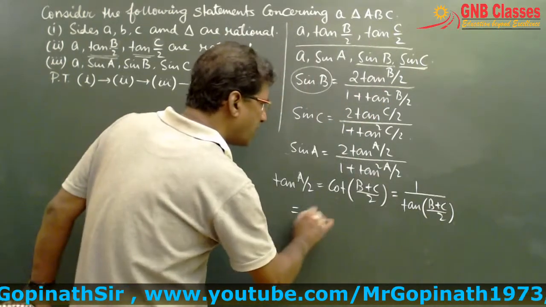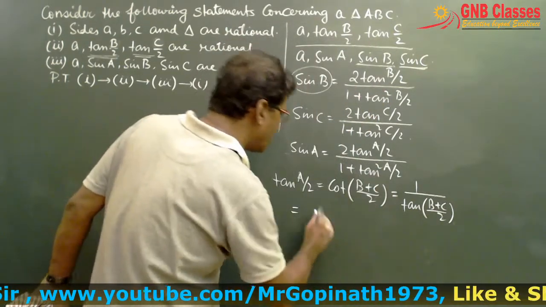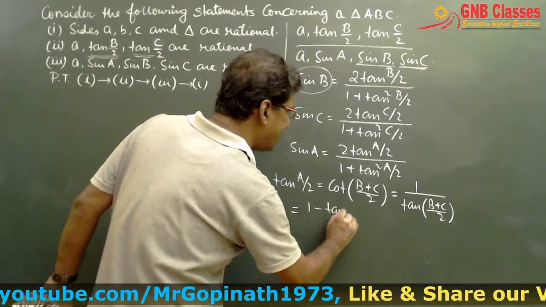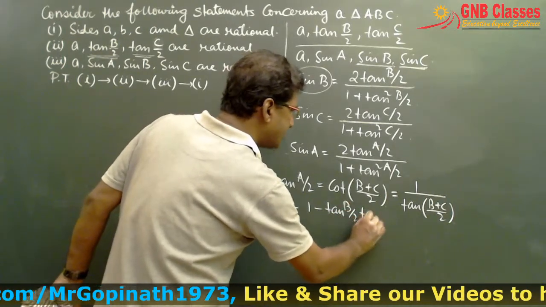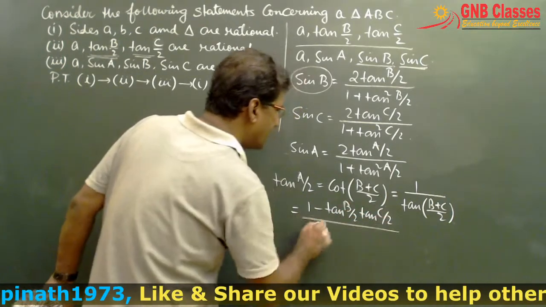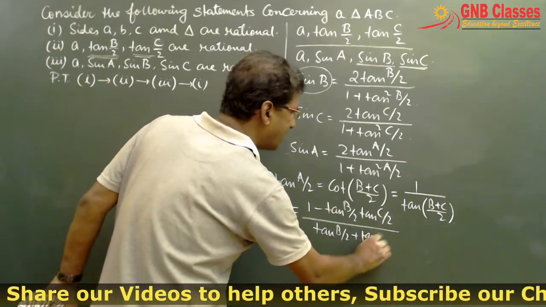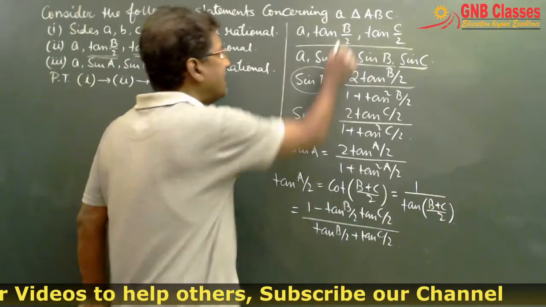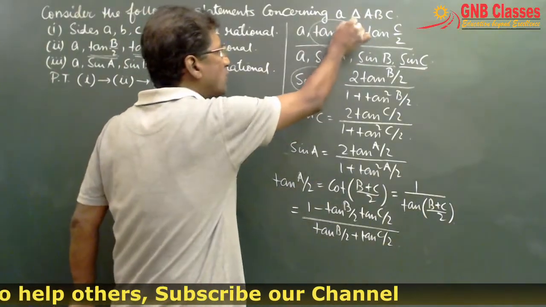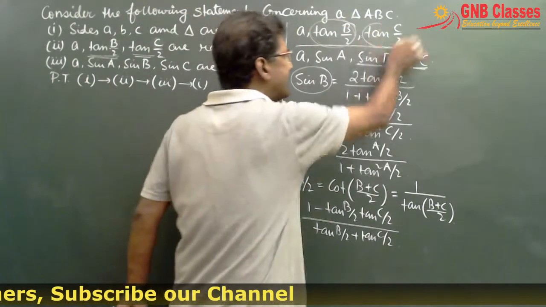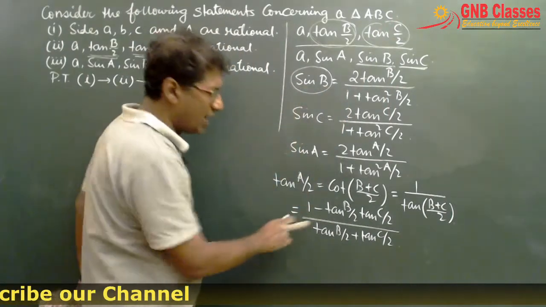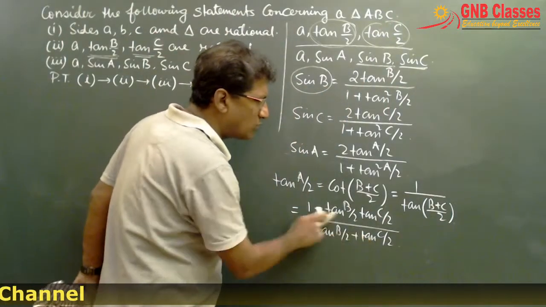So from the compound angle formula, if we open it, we are going to get 1 minus tan B by 2 tan C by 2, divided by tan B by 2 plus tan C by 2. Am I correct? In statement 2, they have said that tan B by 2 and tan C by 2 are rational.